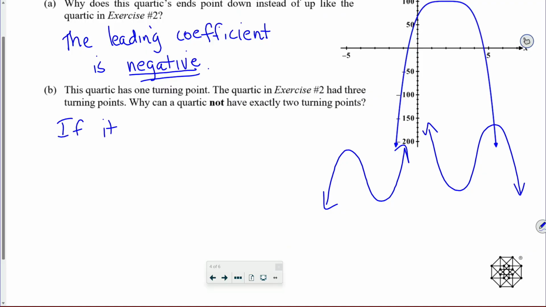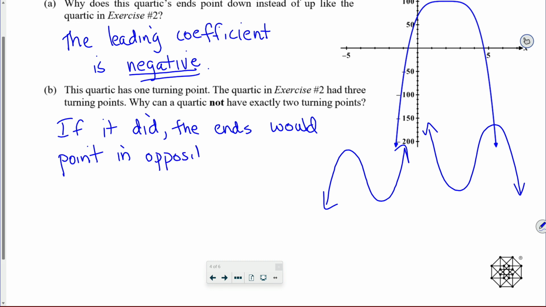If it did, the ends would point in opposite directions.